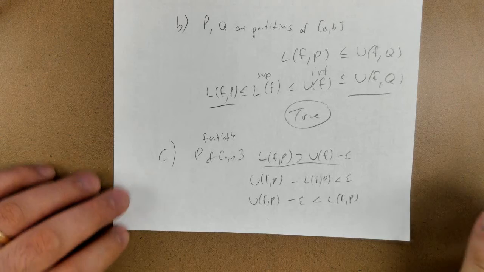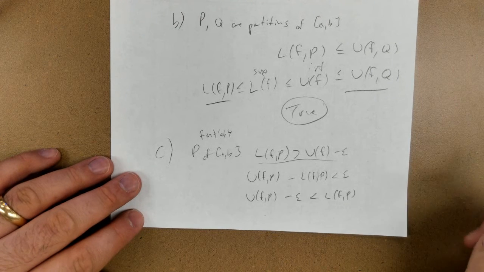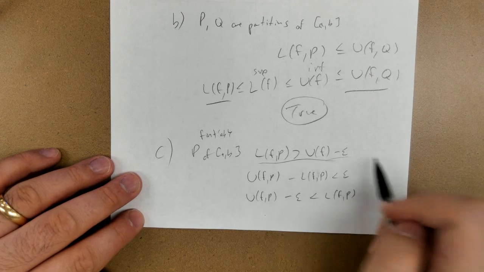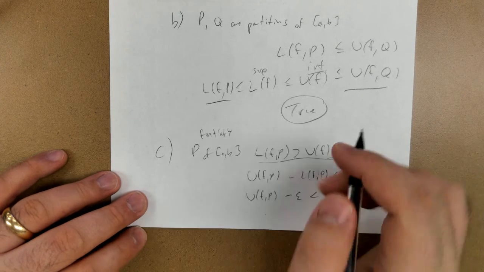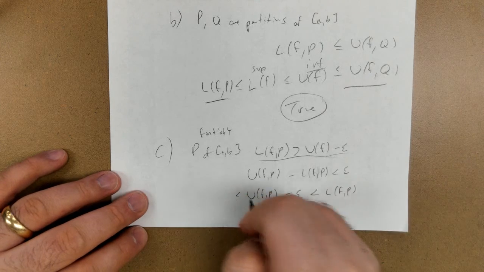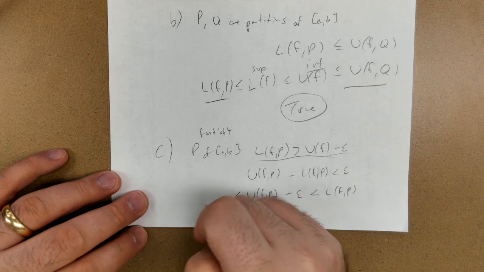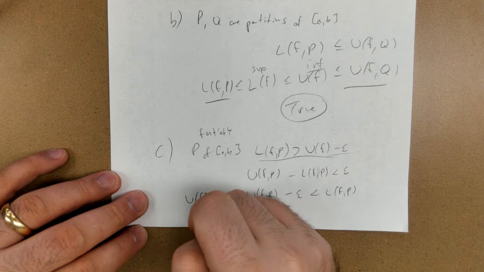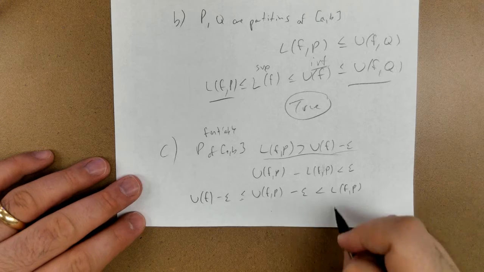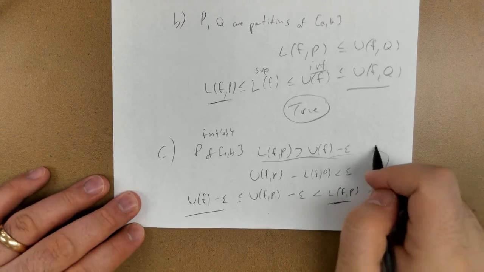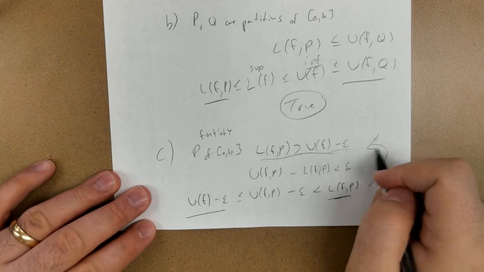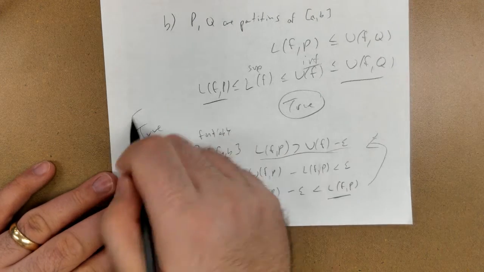And so this is close to what the problem says right now, but we have U(f,P), they have U(f). Remember that U(f) is an inf of all the U(f,P)'s. So if I take an inf here, that would be even less. And so now if you look at these two, you have the inequality that you were trying to get up here. So all three of these are true. Tricky, tricky.